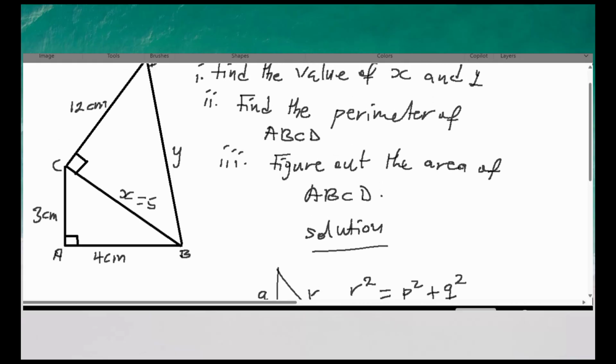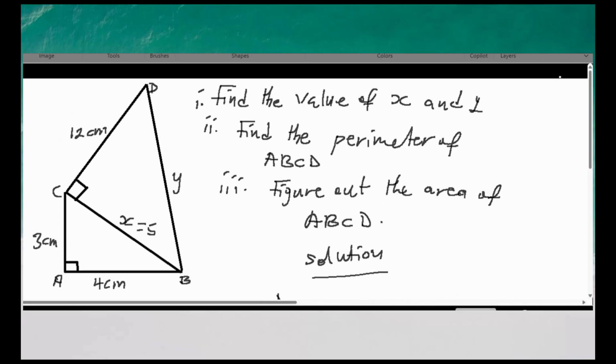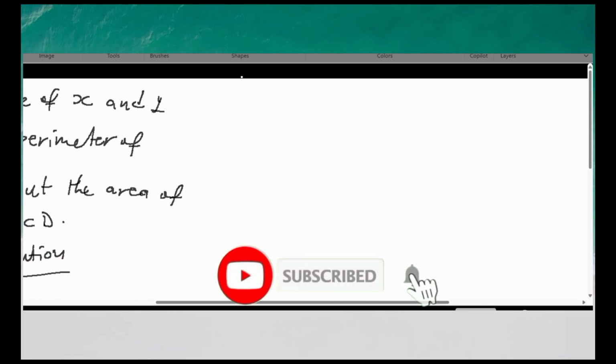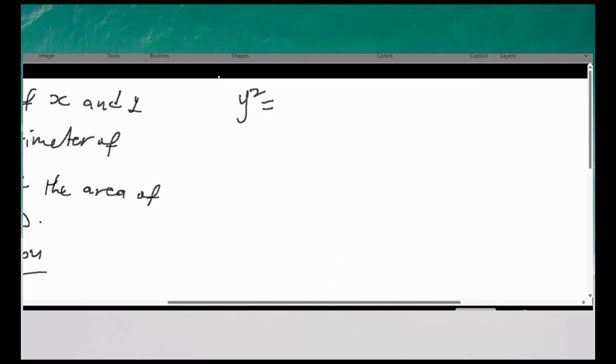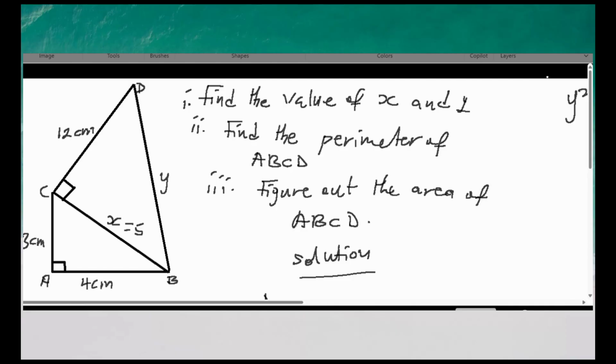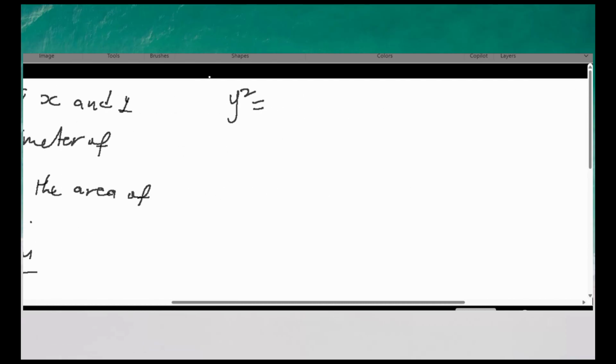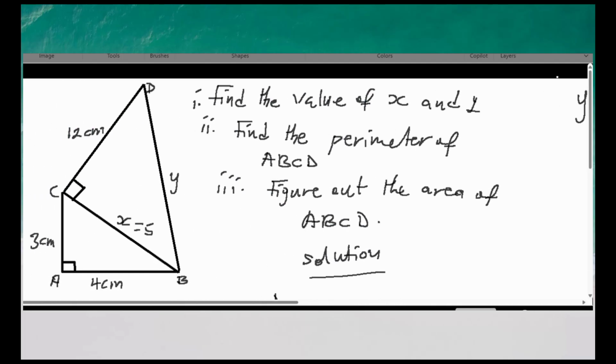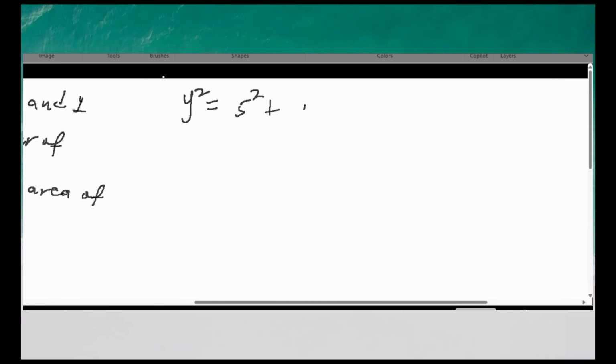So using the Pythagoras theorem to find the value of y, you're going to say that y squared will be equal to 5 squared plus the other side, the CD, 12 squared, right?